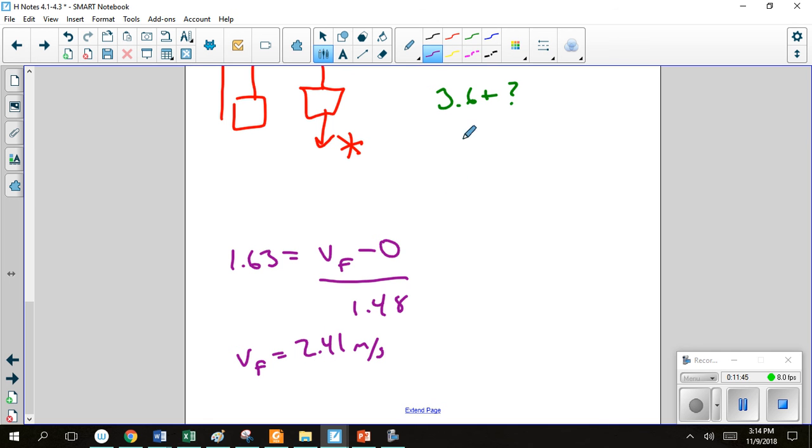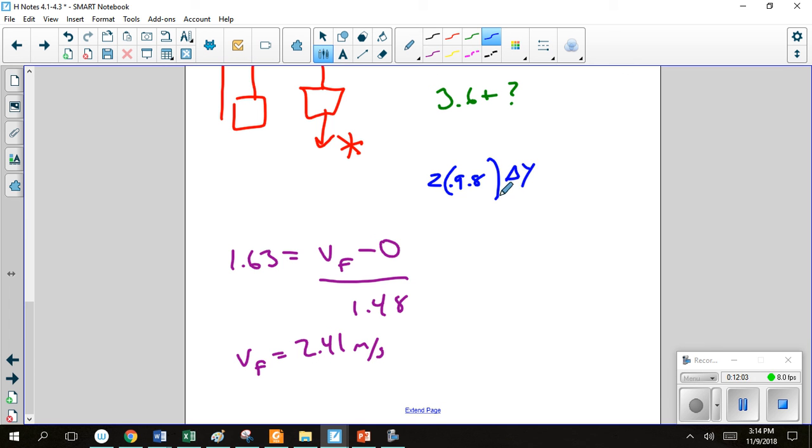So what we're going to do, we're going to go back over to our nice acceleration equation. 2 times gravity, negative, and now it's going down.